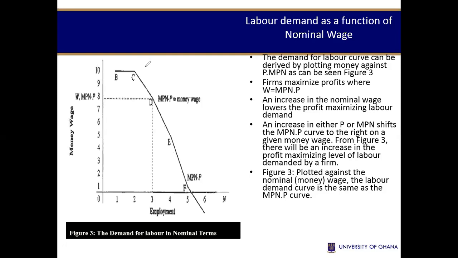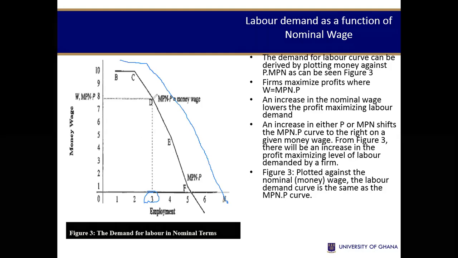Assuming there's an increase in price or MPN, this curve is going to shift to the right like this. So initially, this is what we're hiring. Now, this is our money wage. It's still constant. So now we'll no more hire this, but this is the unit that we'll hire.